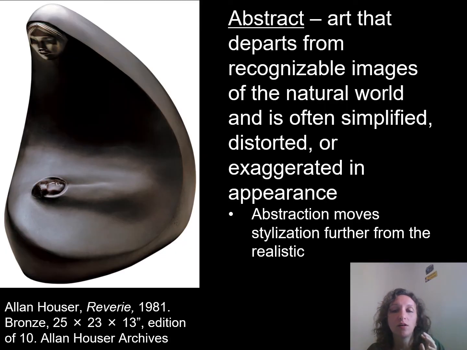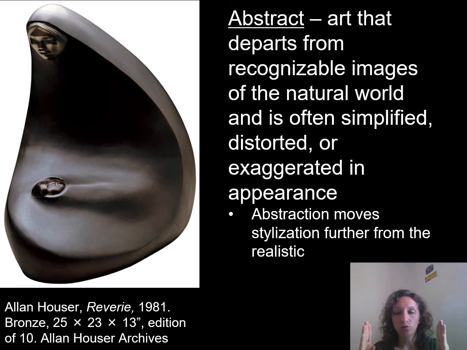All right. Not the last, but the third, the next basic style of art that we're going to talk about is abstract. This is art that departs from recognizable images and is oversimplified. It's distorted, exaggerated, and almost unrecognizable.